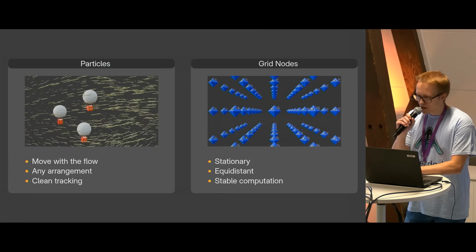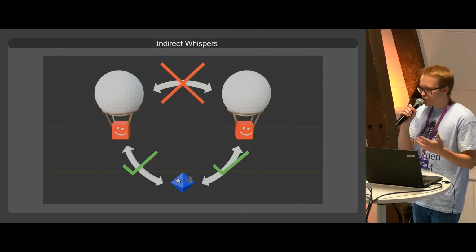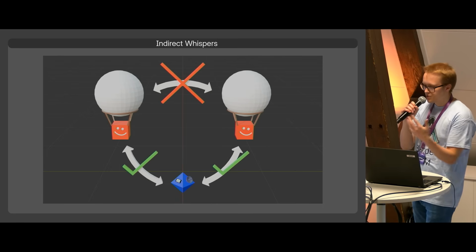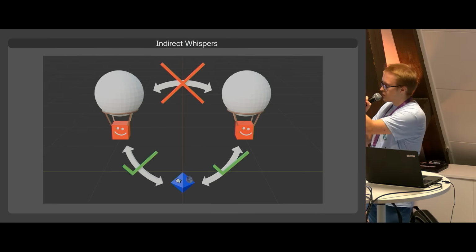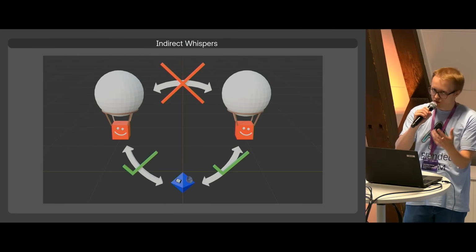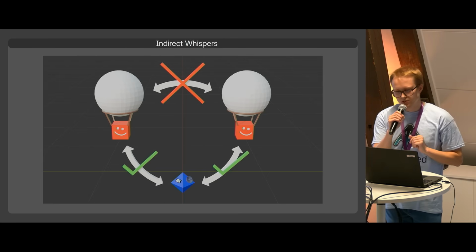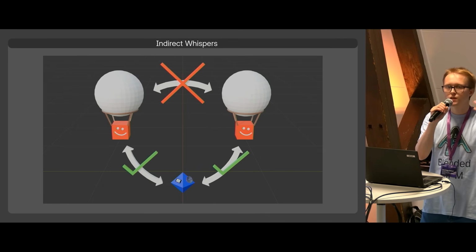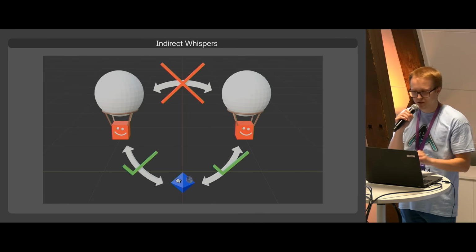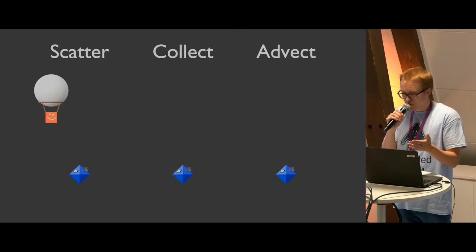Okay, I want to stress that the information is only passed between particles and grid nodes, and not directly between particles. So this is like the flow of information. The particles accumulate on the grid nodes and then it goes back to the particles. And this exchange happens in every iteration of the core loop that we are about to implement. And that's the core loop again.